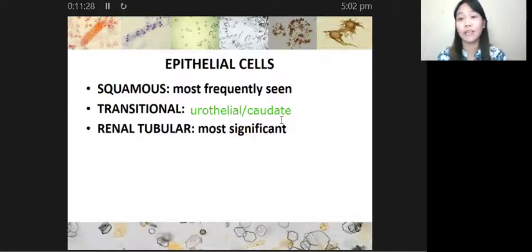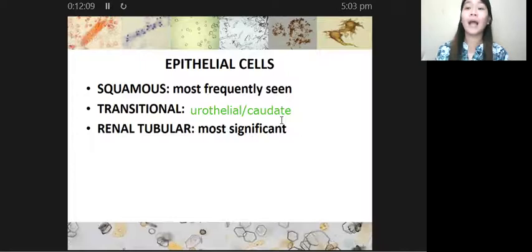The presence of renal tubular epithelial cells may indicate tissue destruction. So our kidneys may already be getting damaged, which is why we are seeing renal tubular epithelial cells. So least frequently seen but the most significant. I hope we remember what I said earlier. Alright, let's go to each epithelial cell.